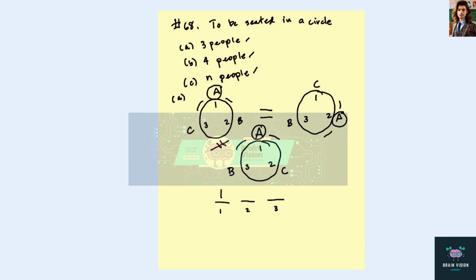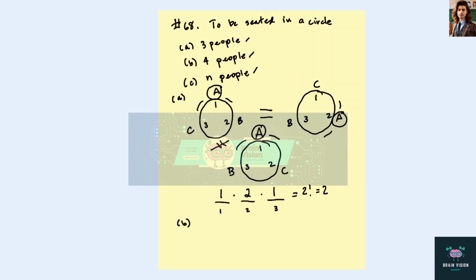Then we find the number of possibilities for seats 2 and 3. There will be 2 possibilities for number 2, 1 possibility for seat number 3. By the fundamental counting rule, there will be 2 factorial ways or 2 ways of arranging 3 people in a circular table.